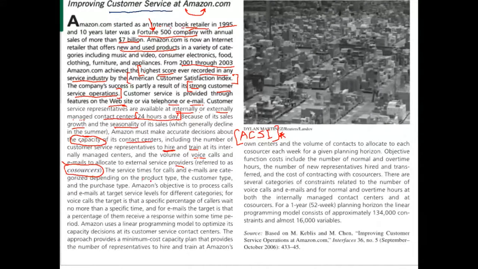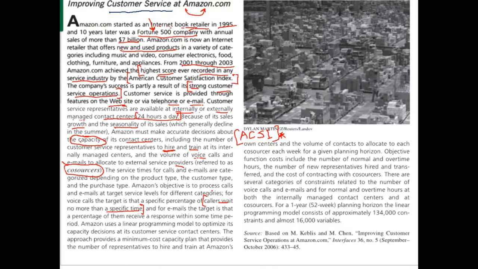The service times for calls and emails are categorized depending on the product type, the customer type, and the purchase type. Amazon's objective is to process calls and emails at target service levels for different categories. For voice calls, the target is that a specific percentage of callers wait no more than a specific time. So this is the first output. This is one constraint, that if they want to optimize the cost or optimize the customer service, the waiting time for the customer who is calling should not be more than this.